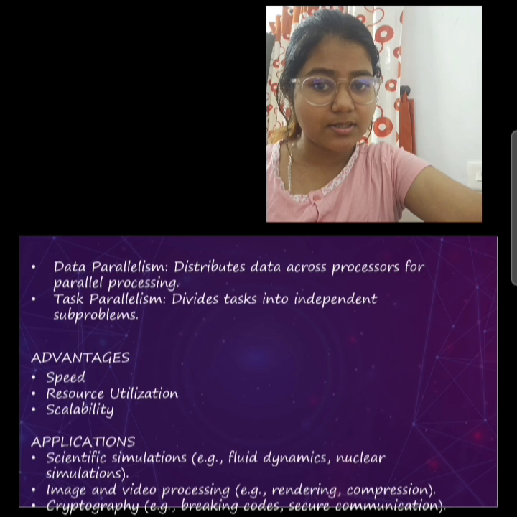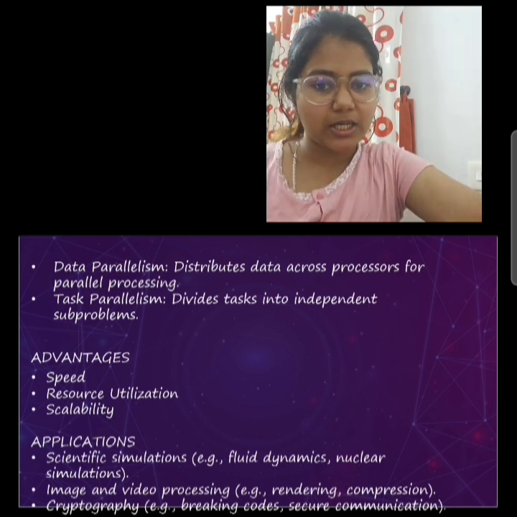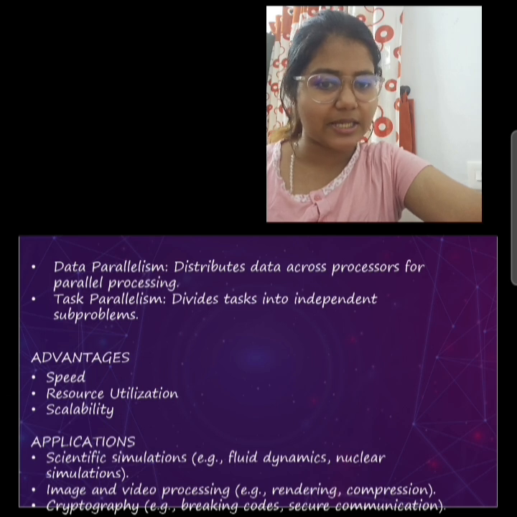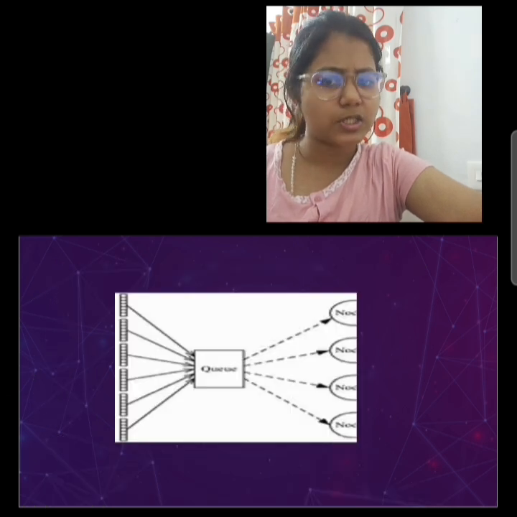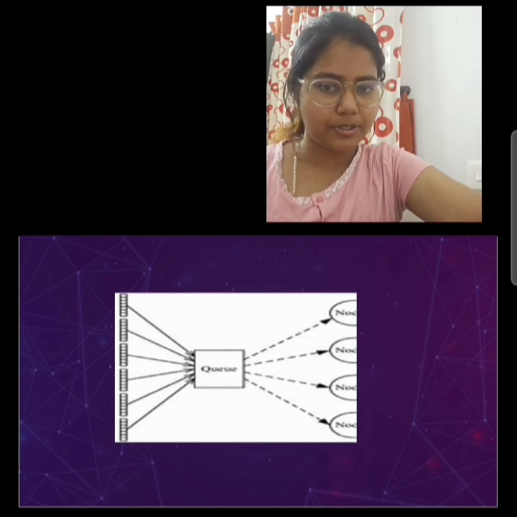The applications of parallel computing are scientific simulation, for example fluid dynamics, nuclear simulations; image and video processing, for example rendering and compression; cryptography, for example breaking codes, secure communication. So this is the diagram of parallel computing.